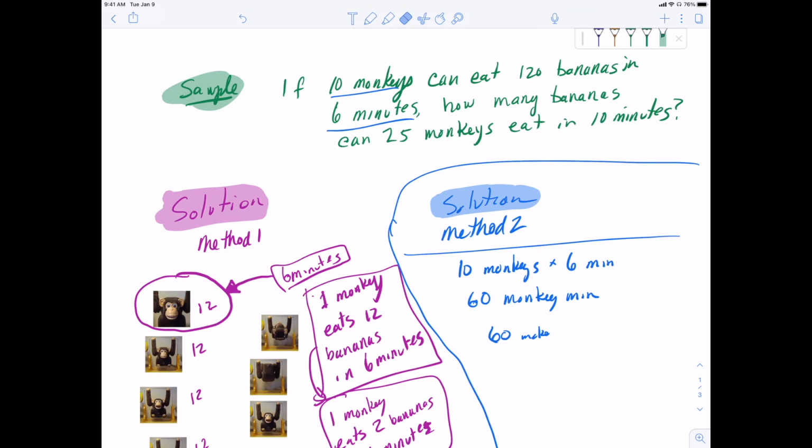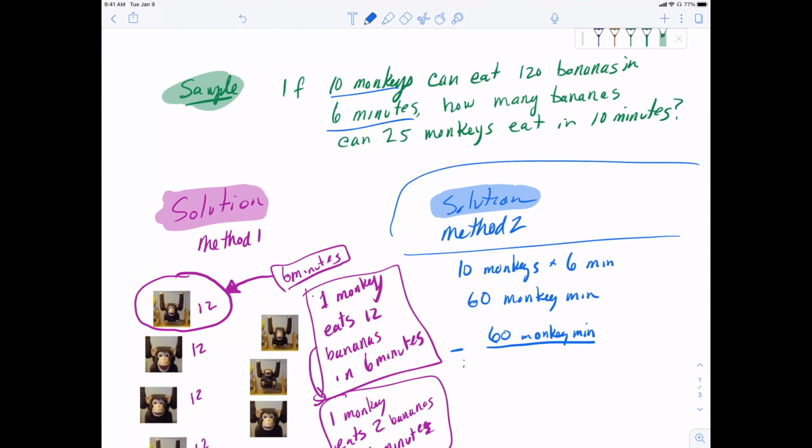And then you say, well, in those 60 monkey minutes, this is the work, and on the bottom we're going to put the output. So the amount of work is 60 monkey minutes, and the output is 120 bananas.